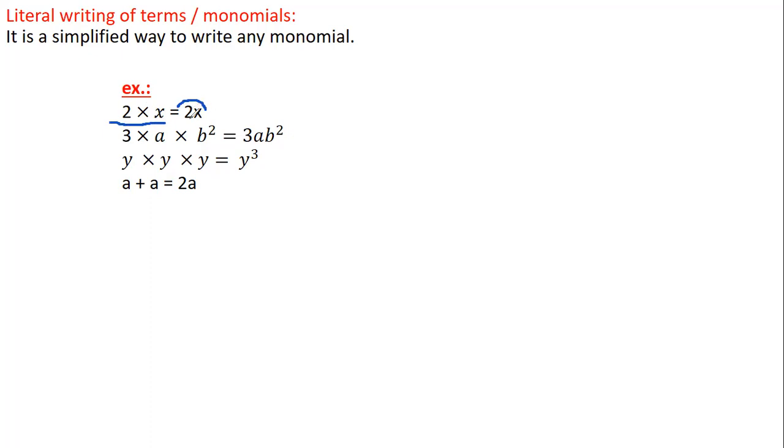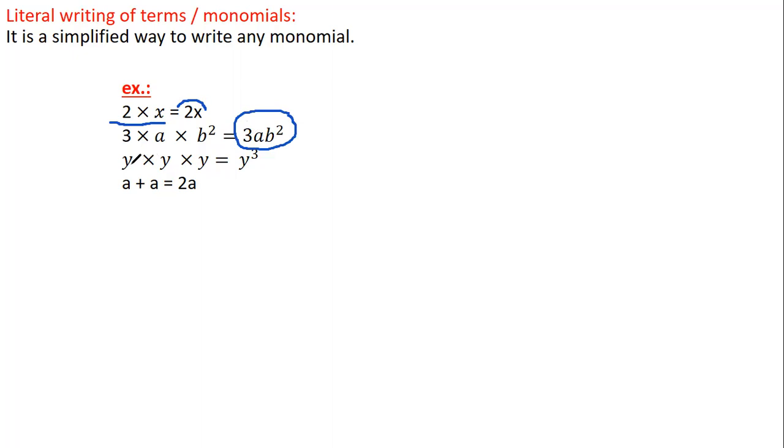It means that 2 is multiplied by x. Another example, 3 times a times b squared. It can be written 3ab squared. So this is the simplified way, or the literal writing, of a monomial. 3 is multiplied by a multiplied by b squared.